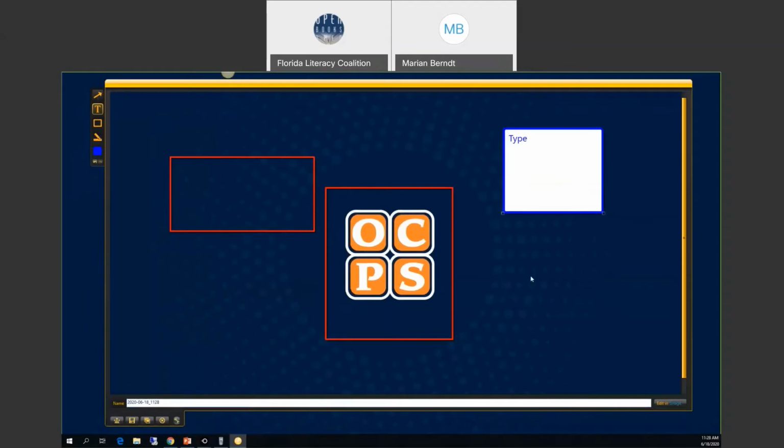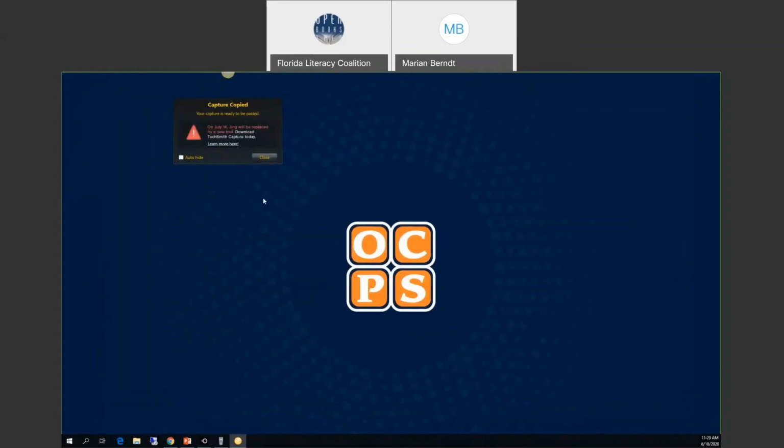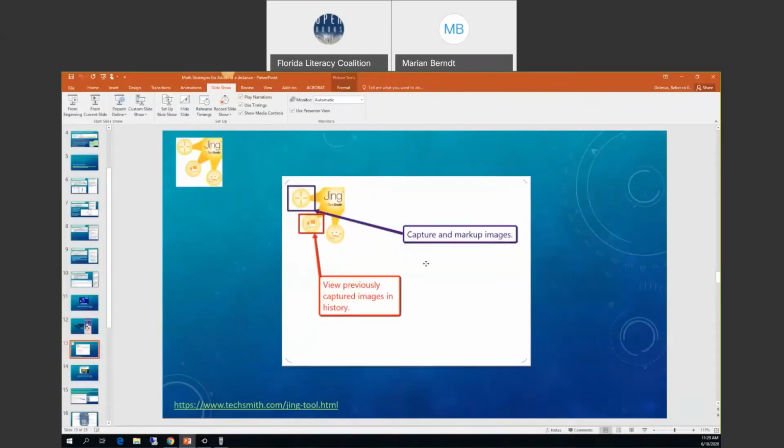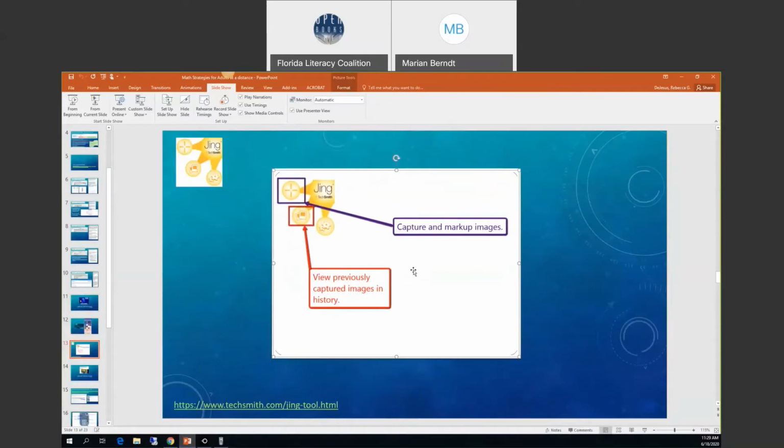I can point to something with an arrow, and then I hit copy, and I can paste that image into anything. I can paste it into Microsoft Word. I can paste it into PowerPoint. And most of what you see in my PowerPoints, like for example, this image right here, I have created using Jing. I just did a screen print.